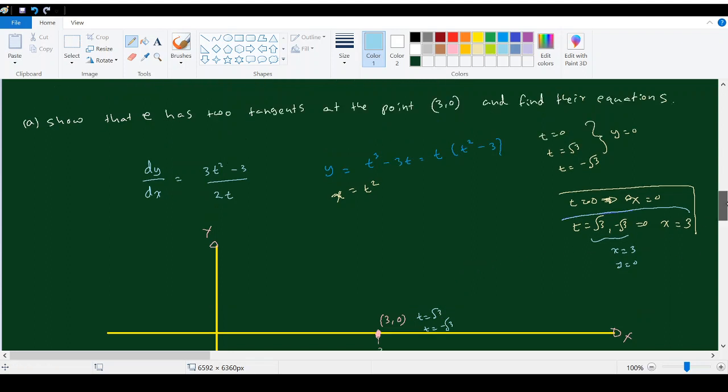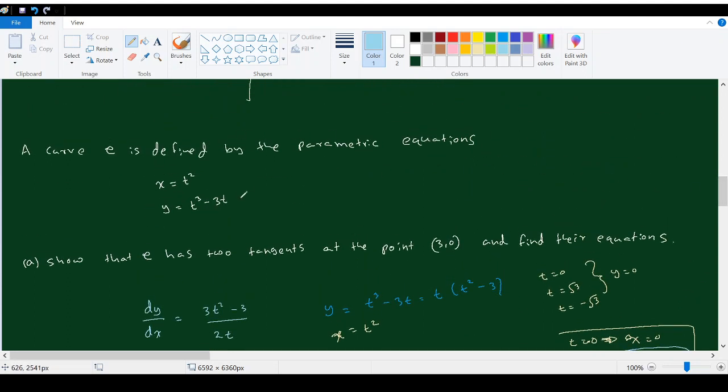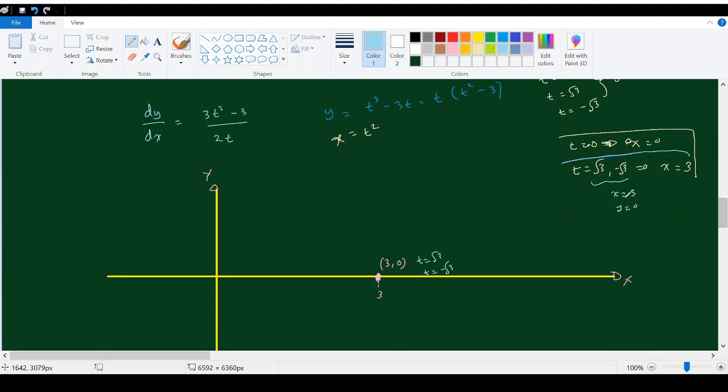Now remember, they have not mentioned any restrictions for this t variable. The parametric variable is not restricted within this problem, so t can of course take negative values.